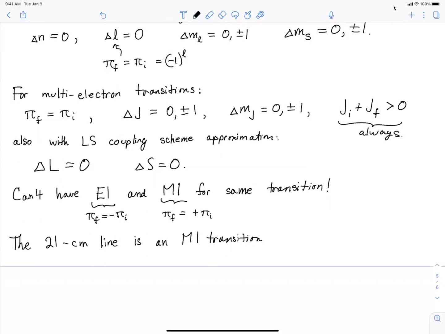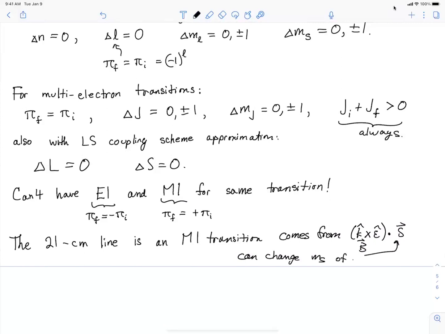It's a spin flip, is what it's doing. So it comes from specifically this part, the magnetic field of the wave dotted into the spin of the electron in the atom. Okay, so this is the B field, and this can change spin. And specifically, it changes the Z component of the electron spin, we should say.